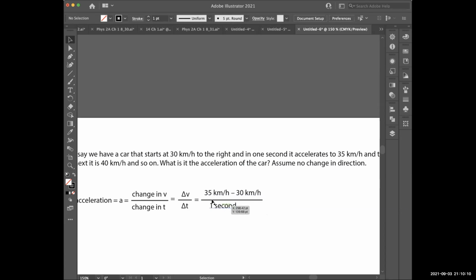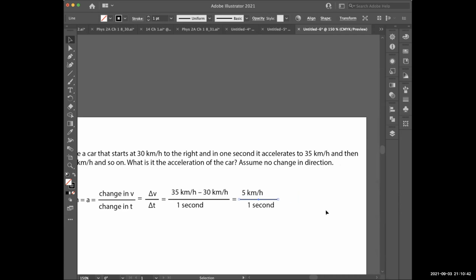So that's going to equal 5 kilometers per hour divided by 1 second. Now you can see that these are weird units, so we have to convert hours to seconds to have this be in the same units. The book doesn't change it. I don't like how they don't change it. I'm going to change it.